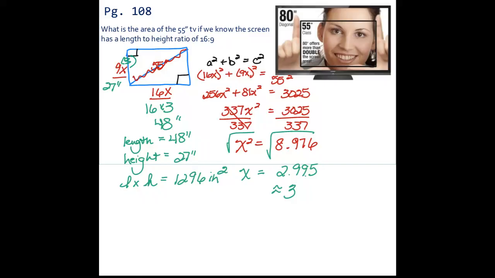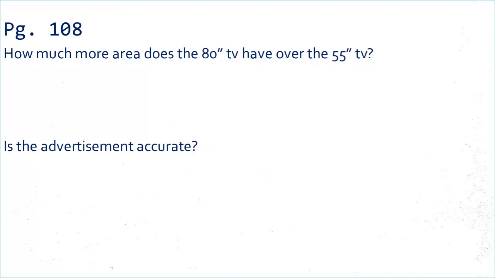So that is the size of the 55-inch TV, right? Yes? All right. So how much more area does the 80-inch TV have over the 55-inch TV?